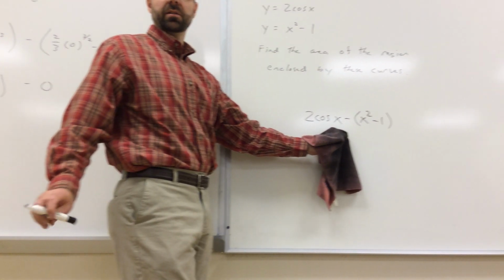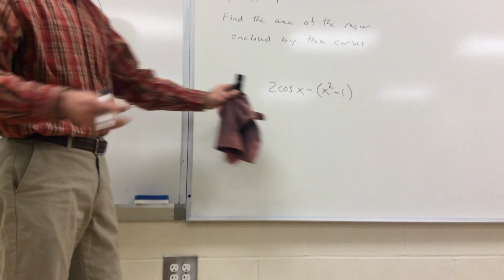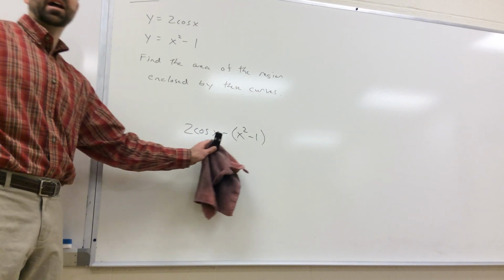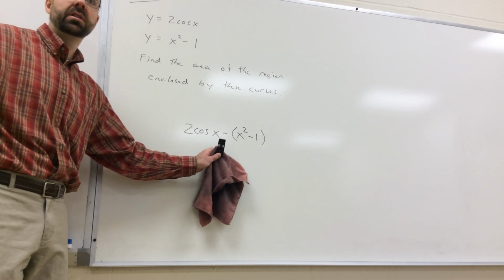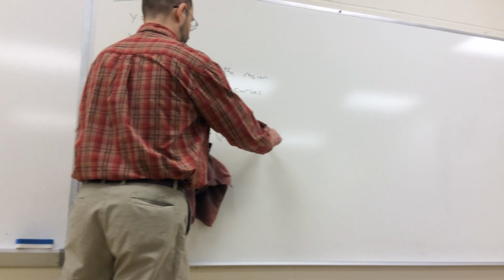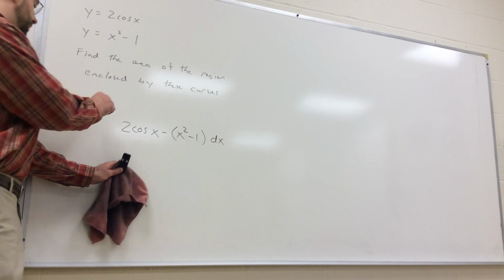Careful of the parentheses, right? Then, so that's the height of your rectangle. Then you multiply that by the width of the rectangle and add infinitely many of them up.